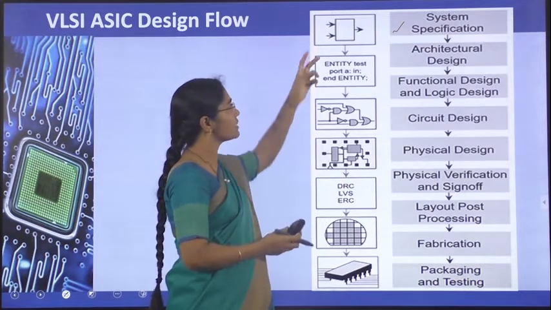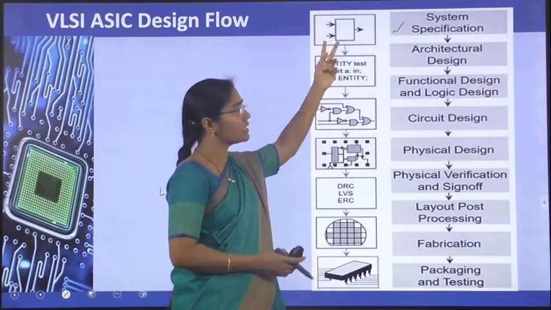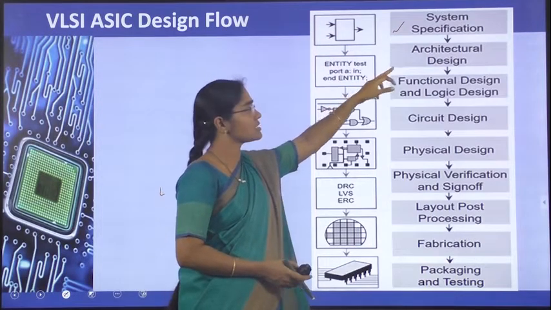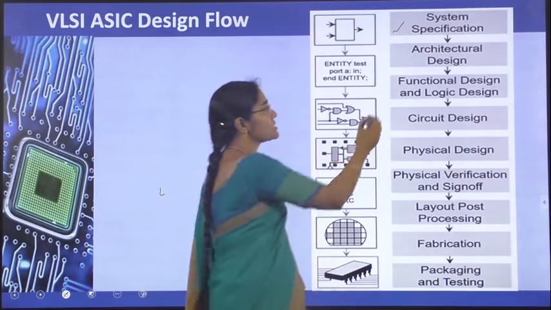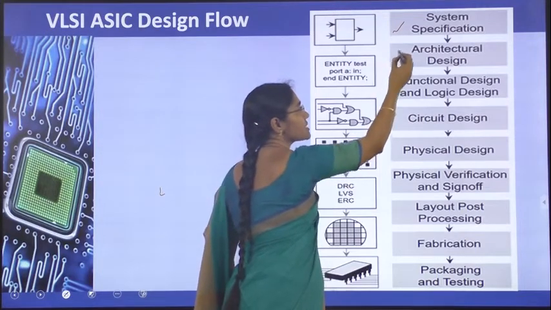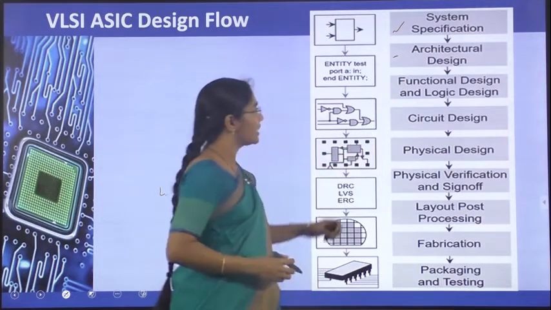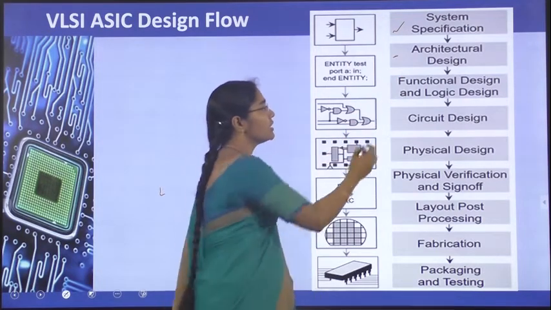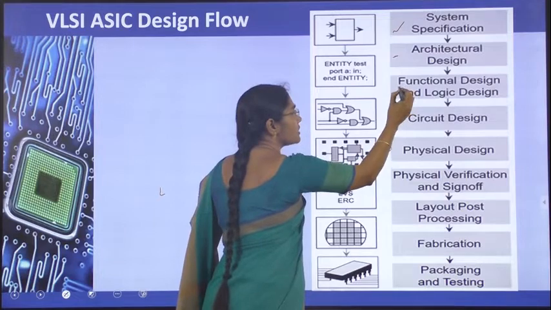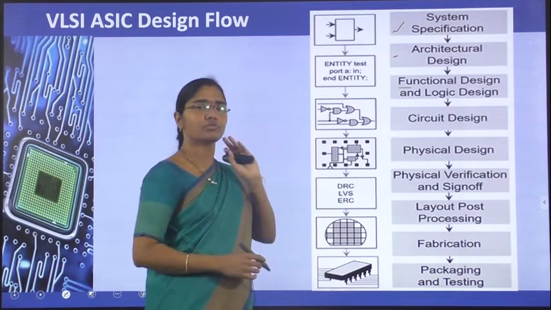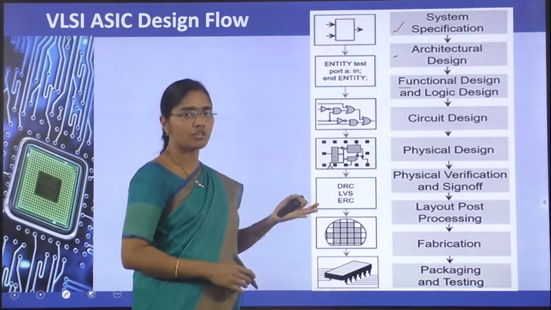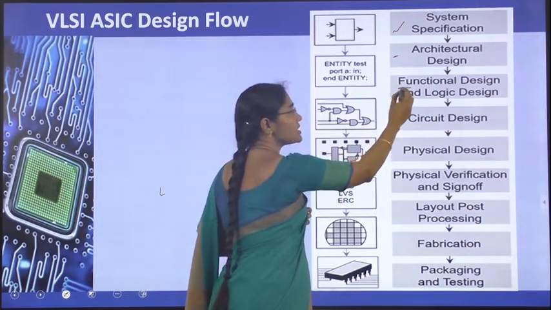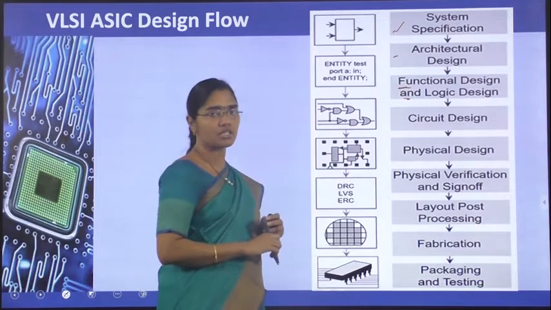So many constraints will be taken in the system specification part, and then to meet those system specifications, architectures will be designed. The designed architecture will be captured by using a code or a logic or a circuit. That is nothing but functional design and logic design.